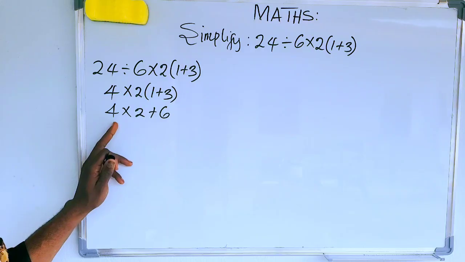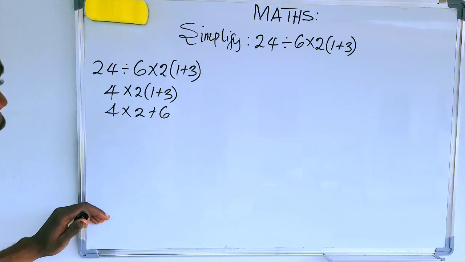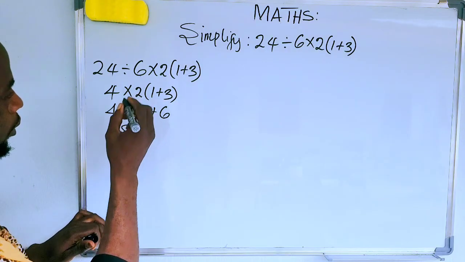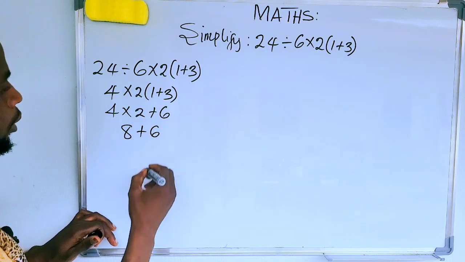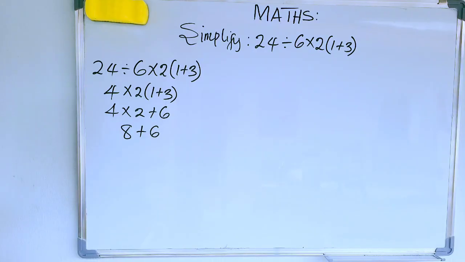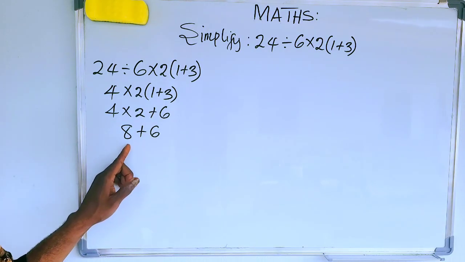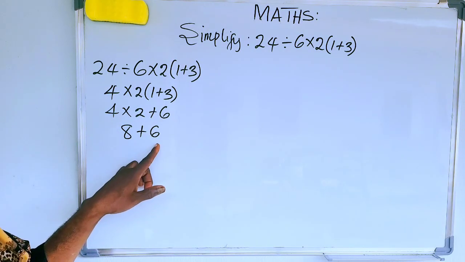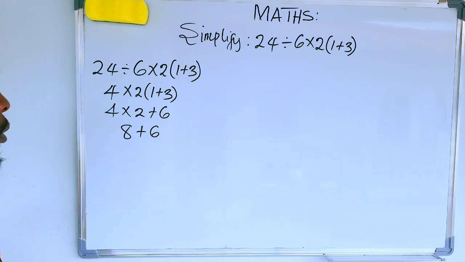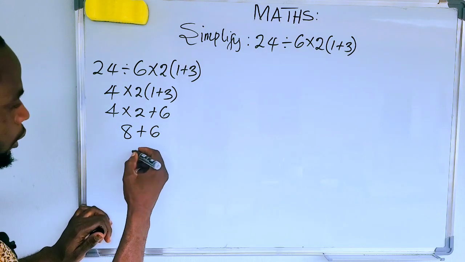But right here we have 4 times 2, that gives 8, and they have plus 6 right here. Then now we have 8 plus 6, that gives 14.